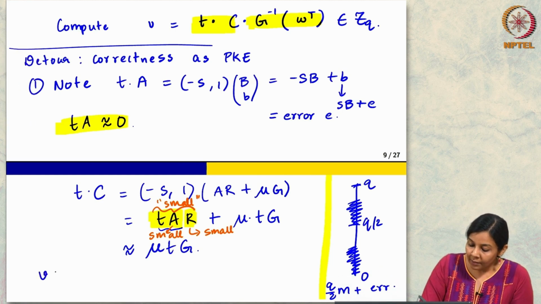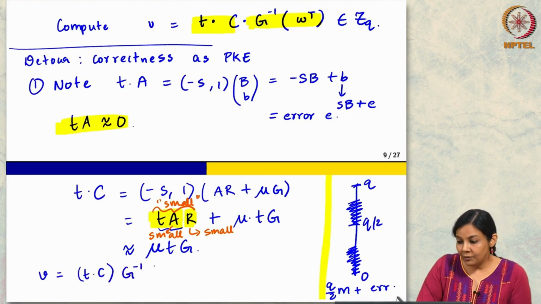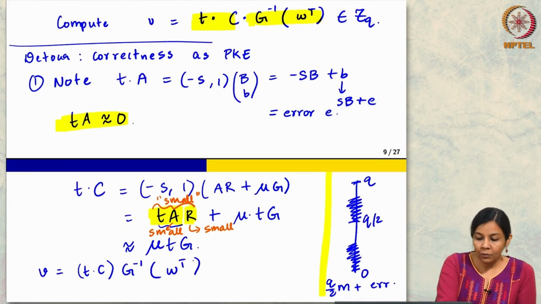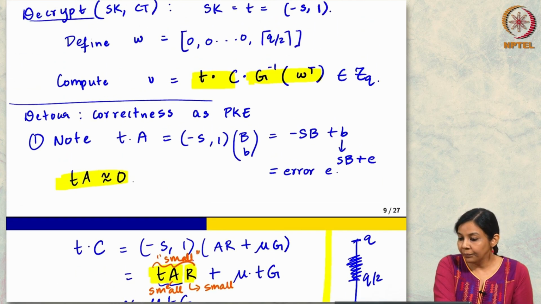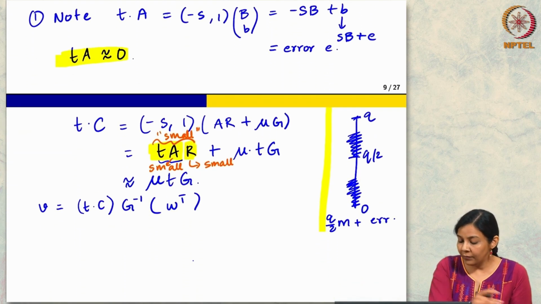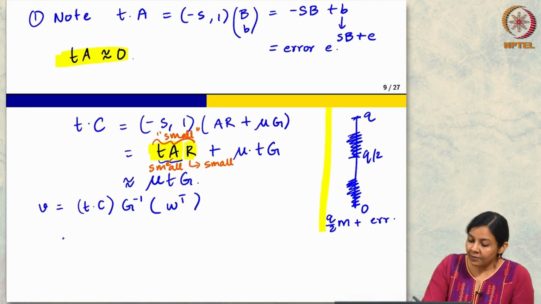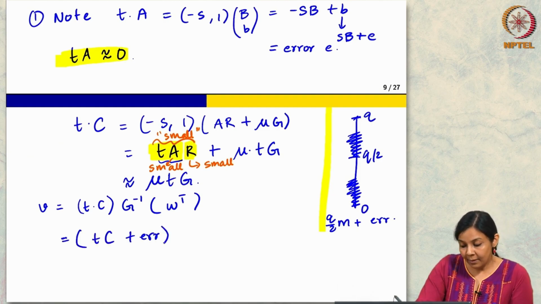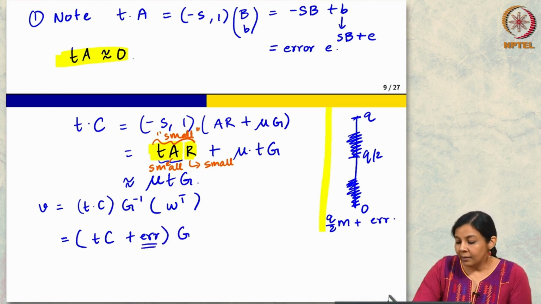We have t times c times g inverse w transpose. Now what is w? W is zeros with q by 2 in the end. So, let us see what we get. Now t times c is t c plus some error, I do not care about its exact value, times g inverse w transpose.